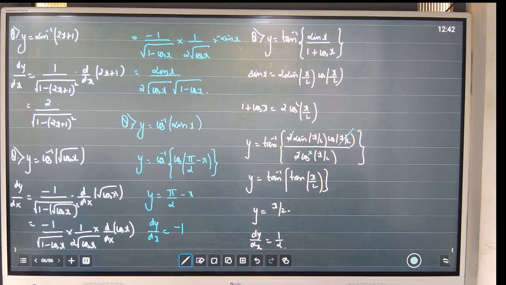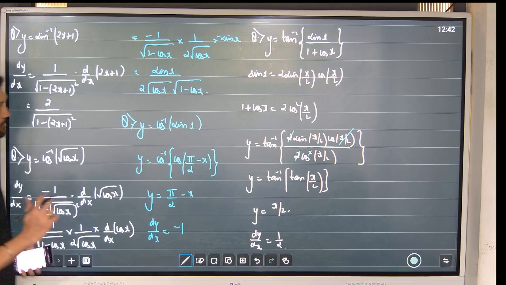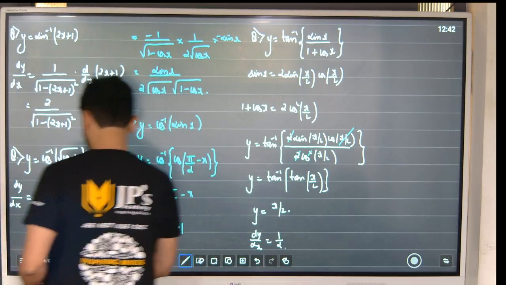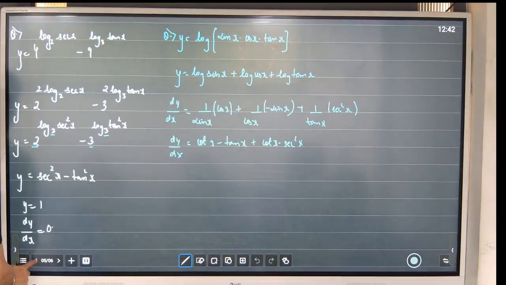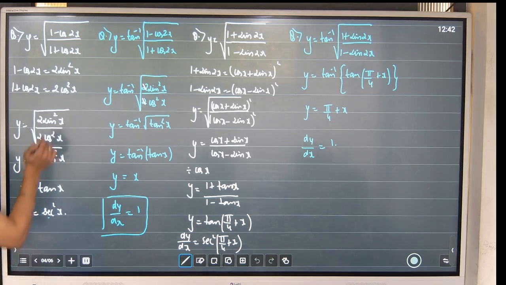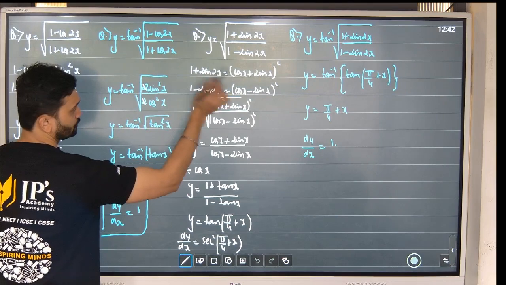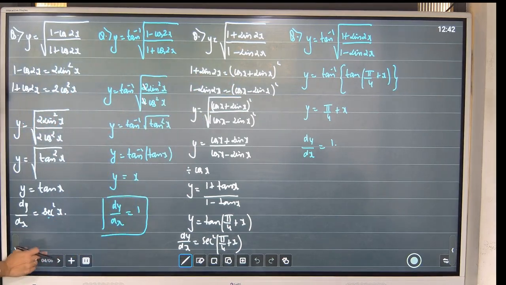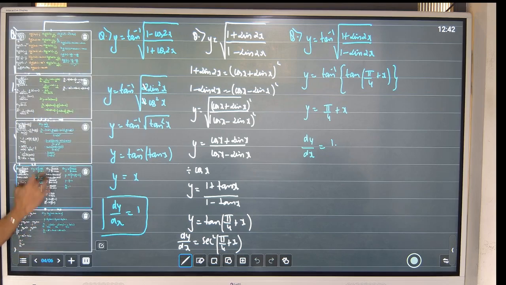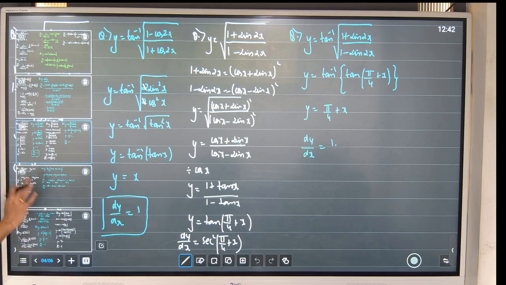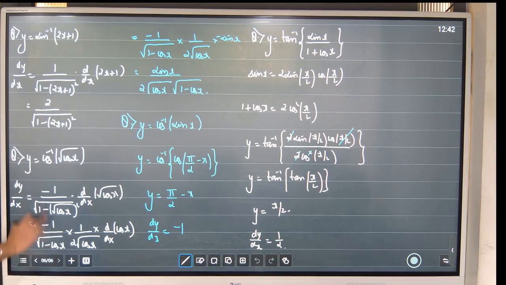If I change the same question a little bit, look at this question. It's the same question with tan inverse, where we are not even using the tan inverse formula. We did not take the derivative of tan inverse.